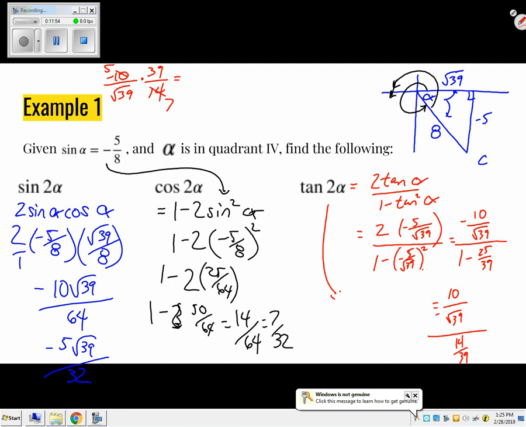Square root of 39, yeah. If you see that, because square root of 39 times square root of 39 is 39. So 39 divided by square root of 39 is square root of 39. Don't worry about that. We'll get there.